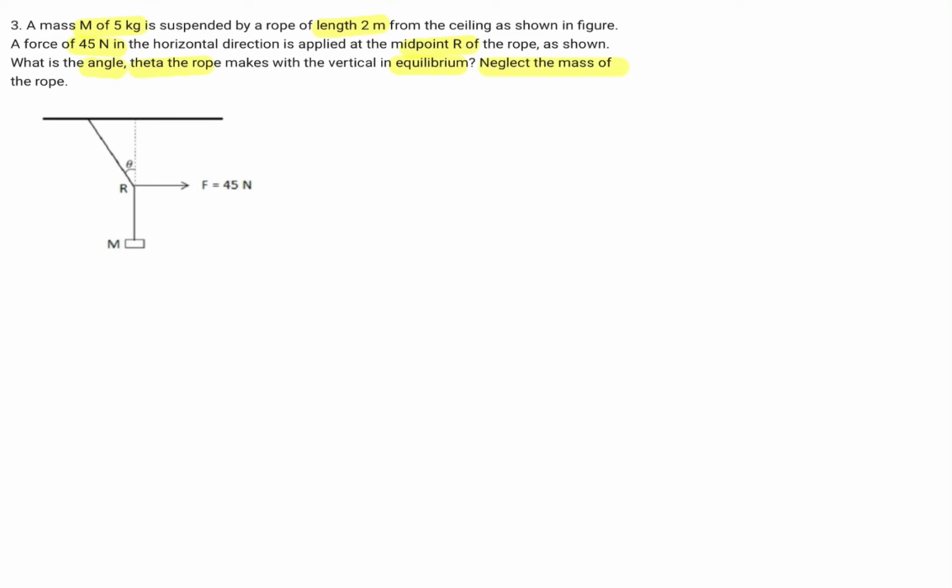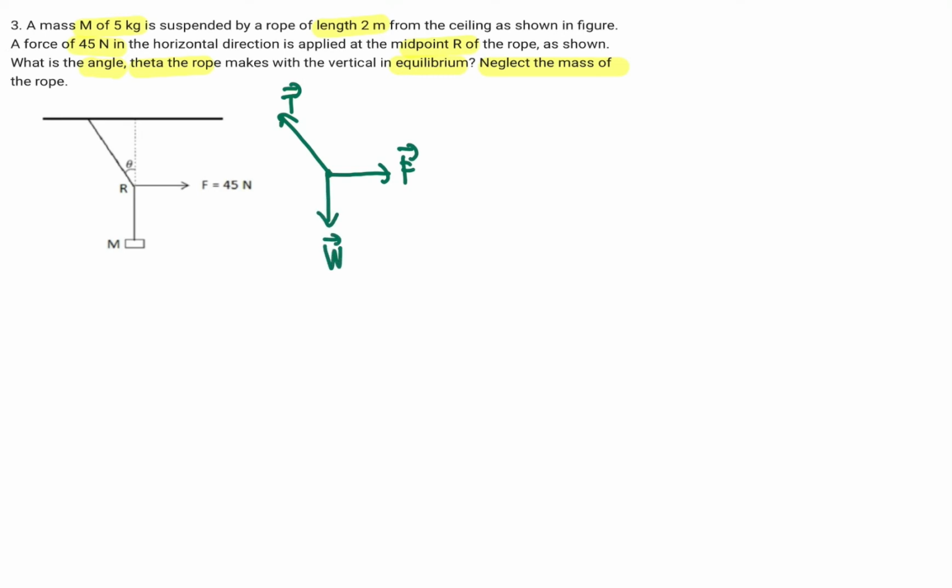Okay, first of all, what you have to do is draw a free body diagram. So your free body diagram will be: you have a T there, tension, and then you have a force and weight.